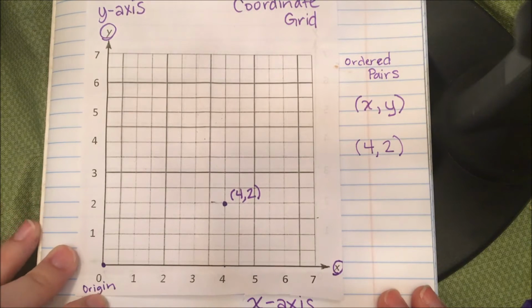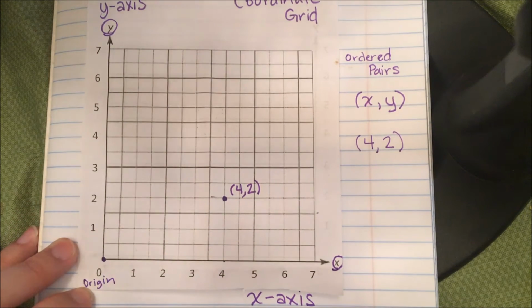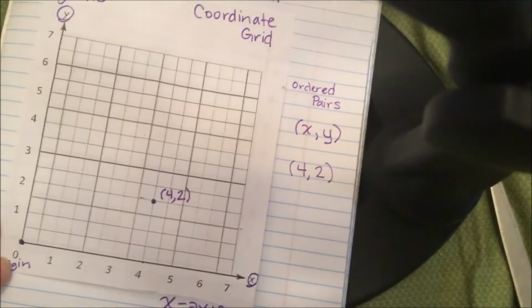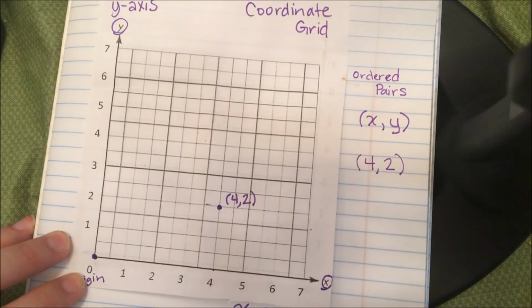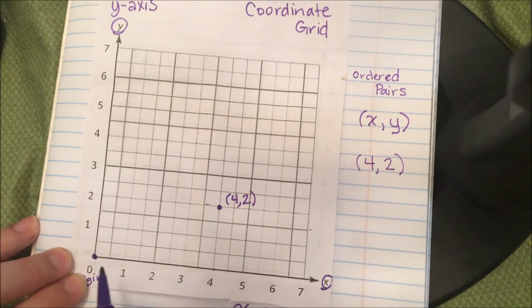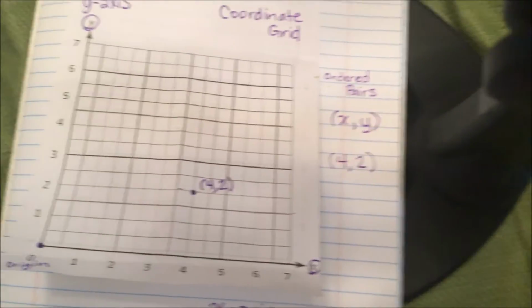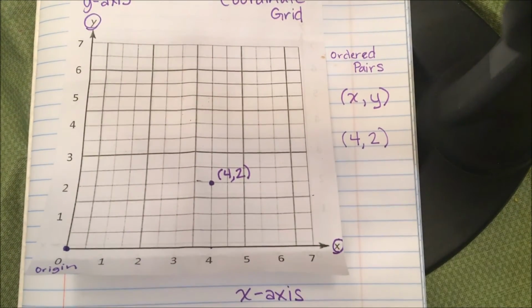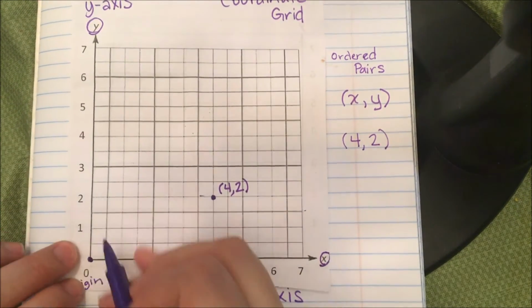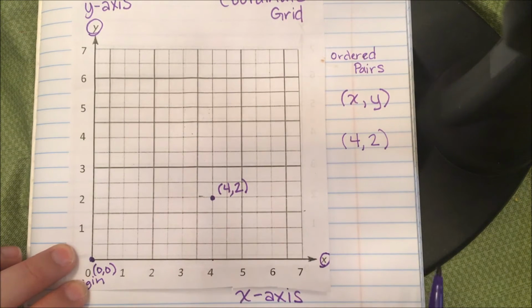And then also on your coordinate grid, an important point to remember is the origin. That is at the 0 where the x is 0 and the y is 0. Okay, so that would be at 0, 0.